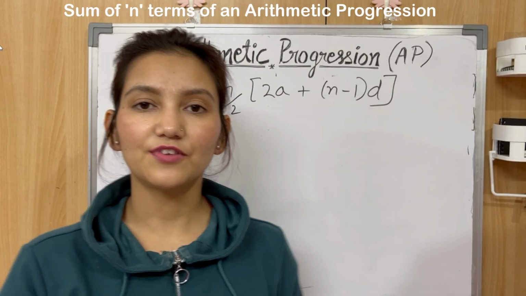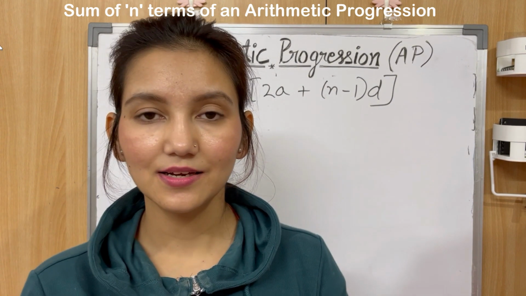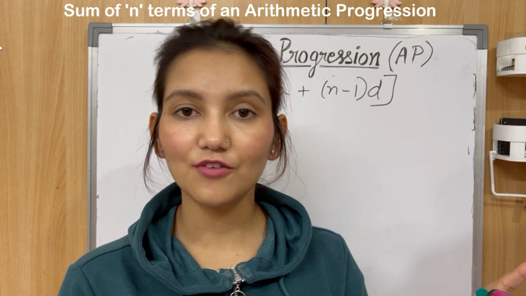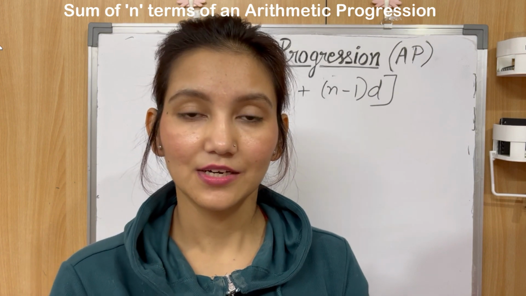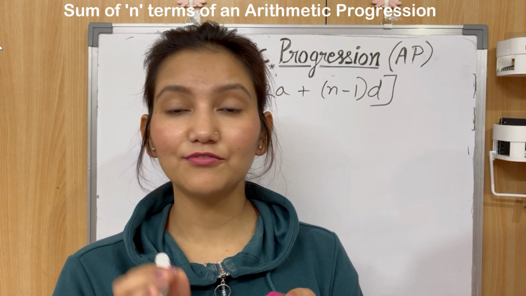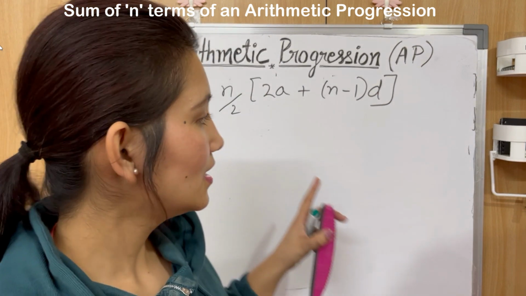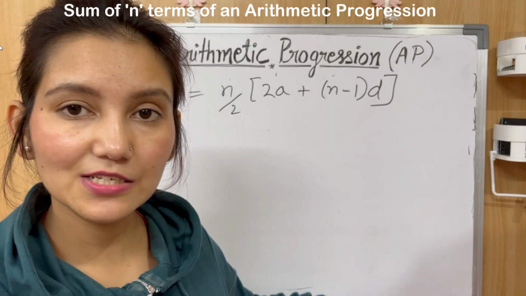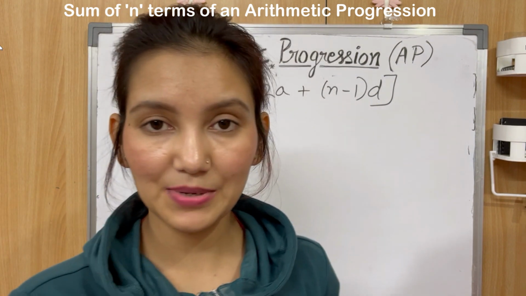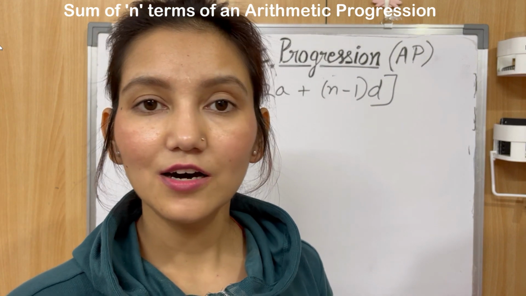Now let's find out the relationship between Sn and the last term of an AP. When I say last term, it means that only a finite AP will have a last term, right? So we are just talking about finite APs. This formula that we are going to derive is only applicable for finite APs which have a last term.